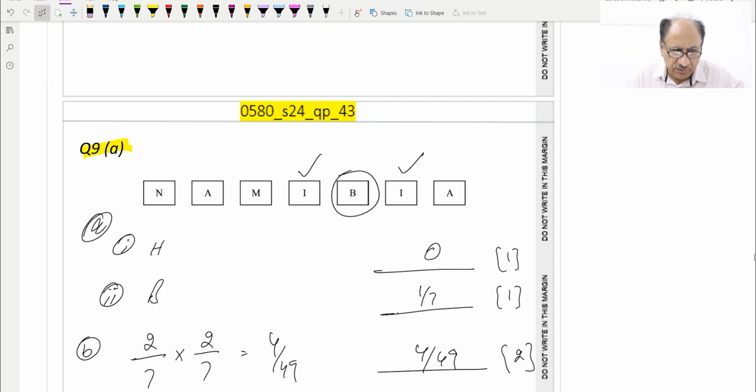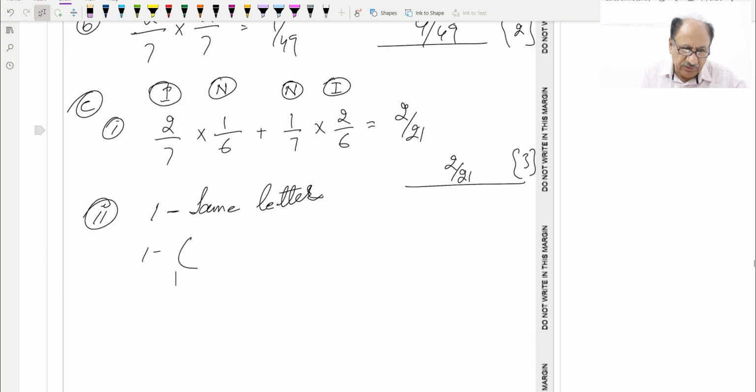So it will be 1 minus same letter, which is 2 by 7 into 1 by 6, plus 1 by 7 into basically 2 by 6. It can be this one or this one.